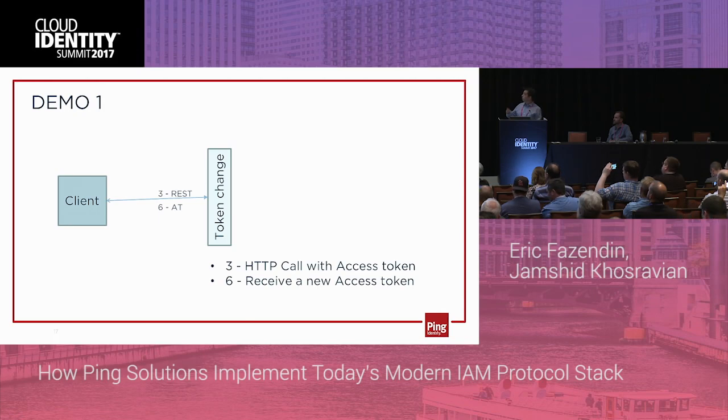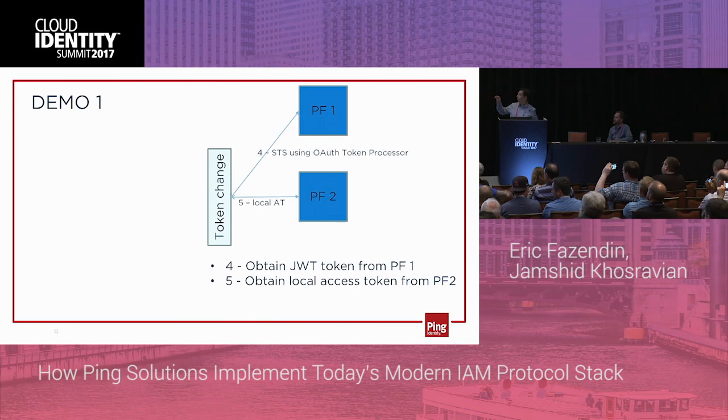authorization server. So what happens here is that when this token exchange layer receives an access token, it'll make an STS call to PingFederate 1 using the OAuth token processor that we provide out of the box. So you have an access token, and you want to use that as part of an STS flow. The OAuth token processor understands your binary OAuth token, validates it, extracts the attributes in, and generates a JWT for you.